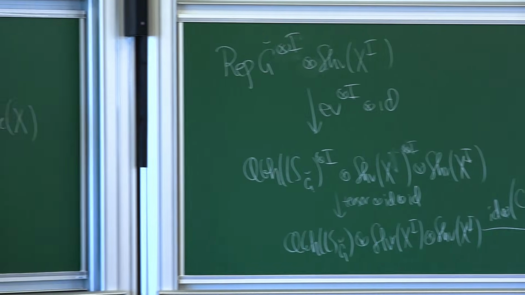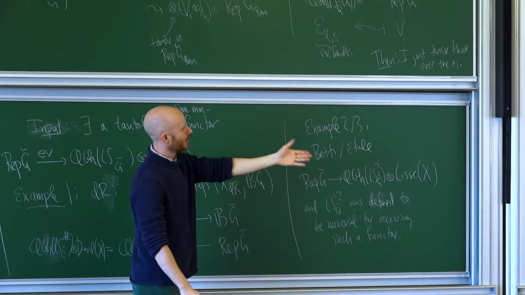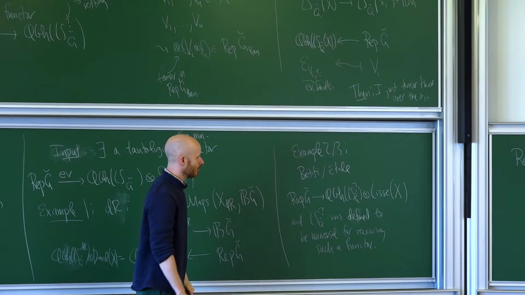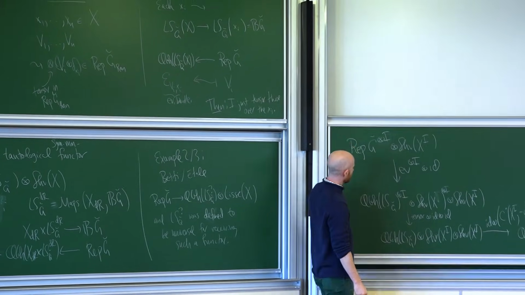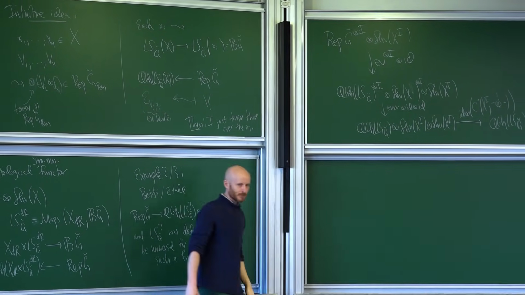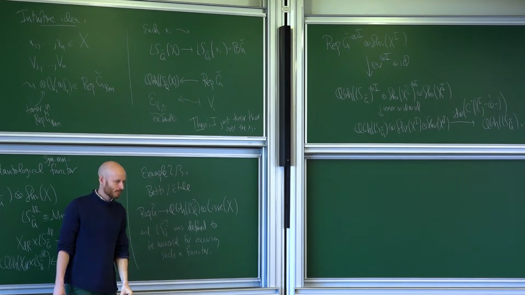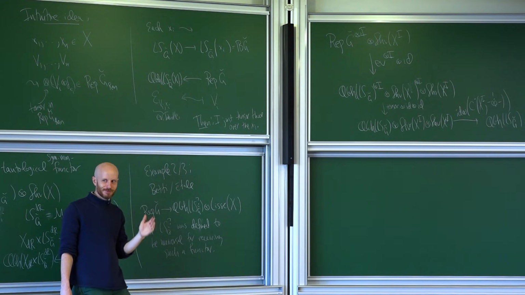Because I tensored all of these evaluation bundles together. So if you unwind the intuition, then you get the commutative diagrams out. So, questions?